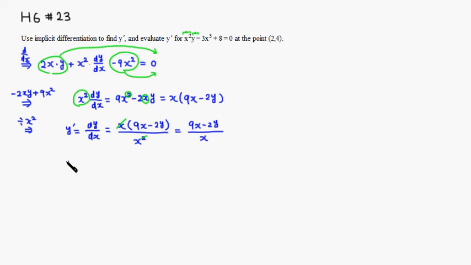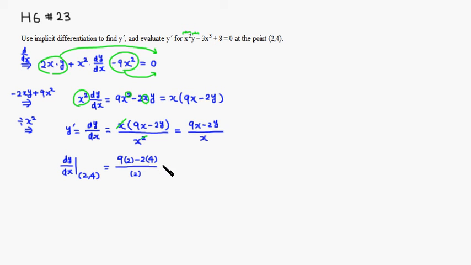So we want to evaluate dy over dx at (2, 4). So x is 2, y is 4. You have 9 times x, which is 2, minus 2 times y, which is 4, over x, which is 2.